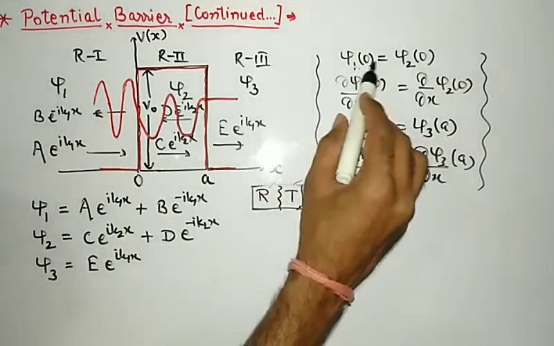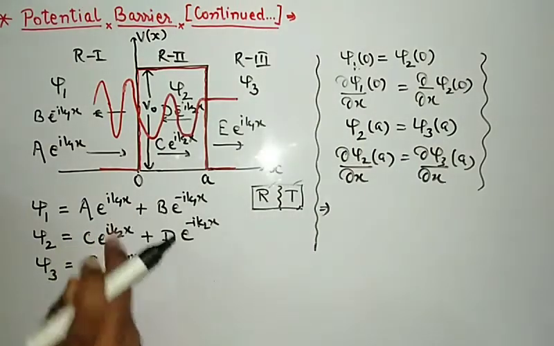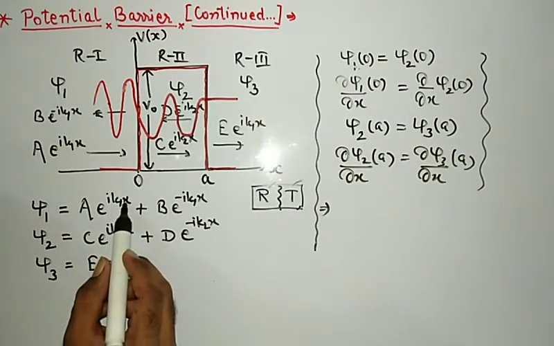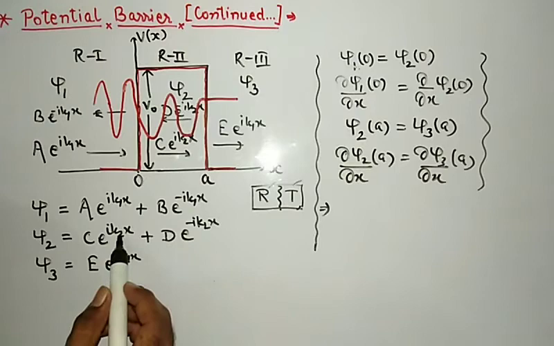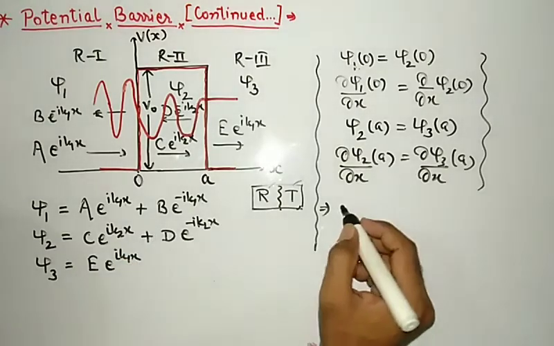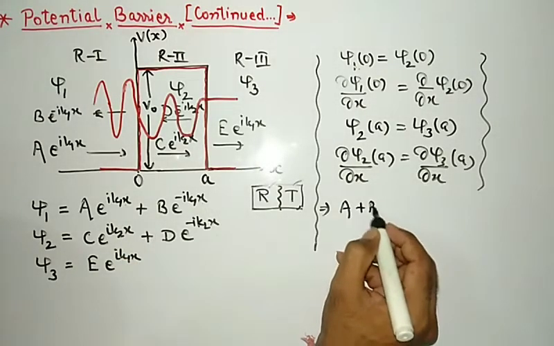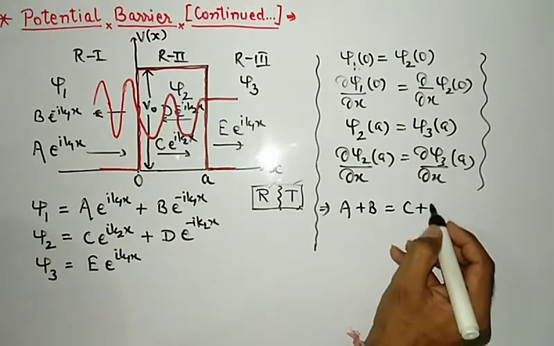When psi 1(0) equals psi 2(0), putting x equal to 0, the exponentials are 1, so only A plus B equals C plus D remains.